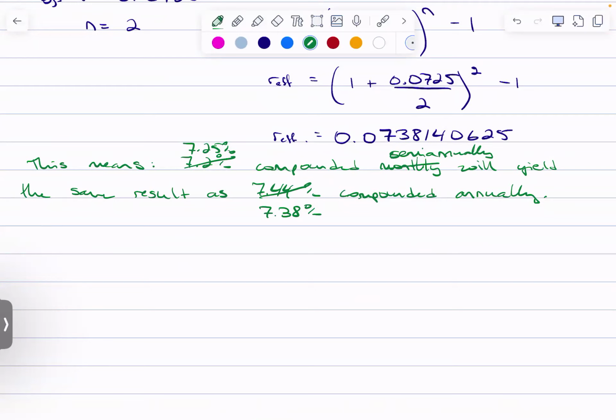If I'm comparing 7.38 to 7.44, I think I like 7.44 better. Right?